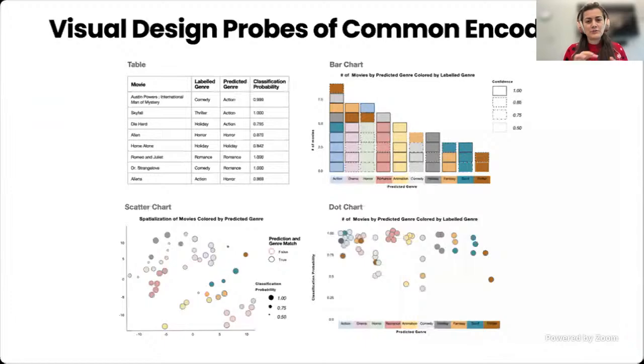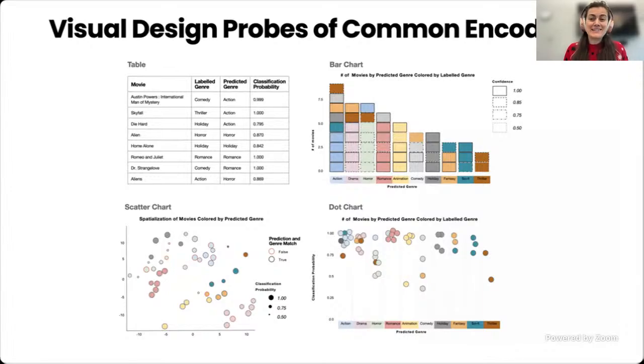We had 4 different visualizations that we used to test how people wanted to interact. So we started with basic visualizations that people were familiar with, like bar charts and scatter charts, and then we added some embellishments to them as well, with the different encoding choices.